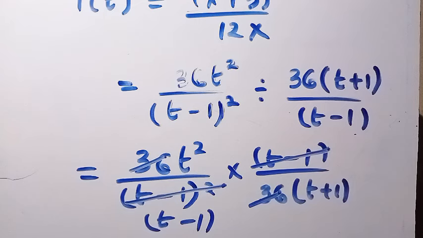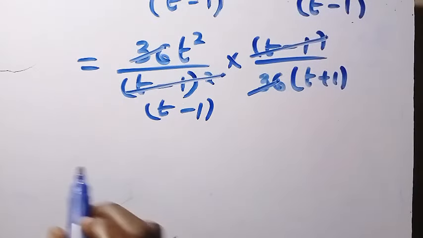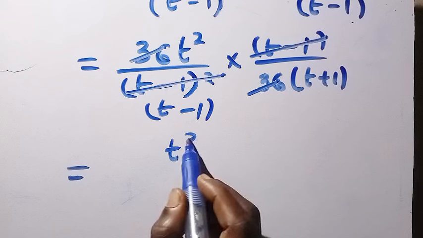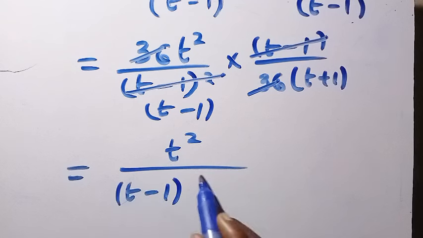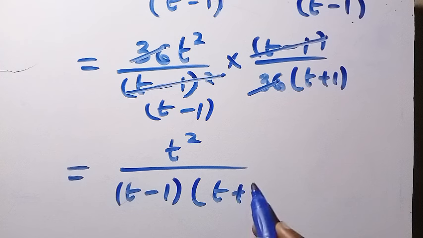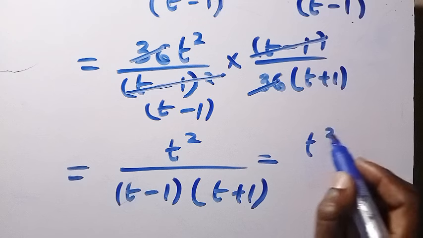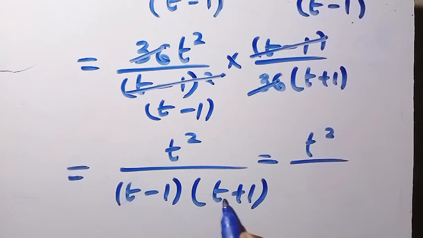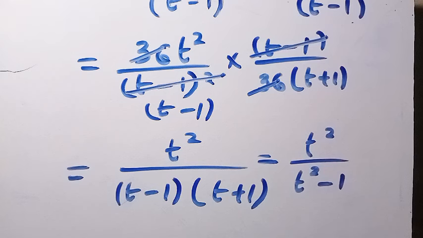What remains is t squared divided by (t minus 1) times (t plus 1). This is a difference of two squares: (t minus 1)(t plus 1) gives t squared minus 1.